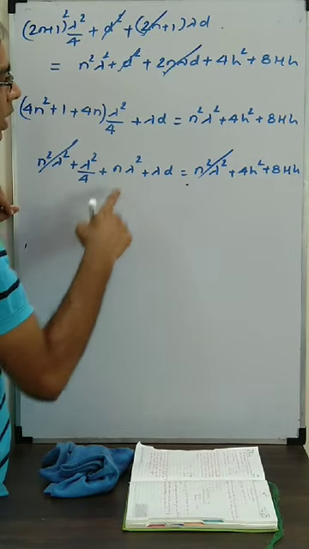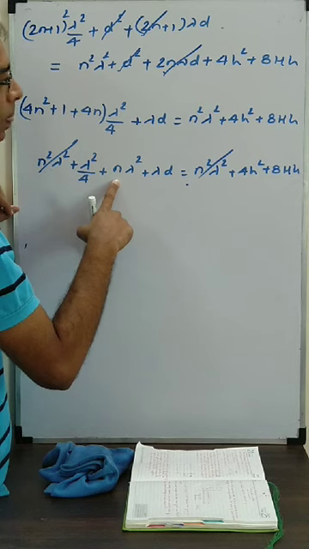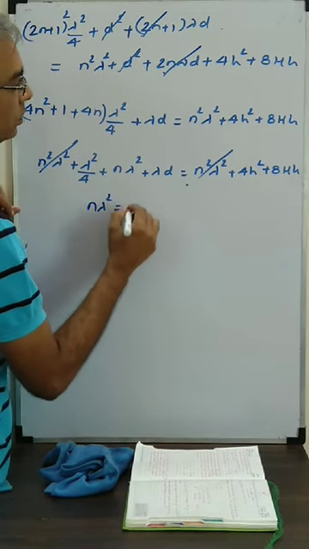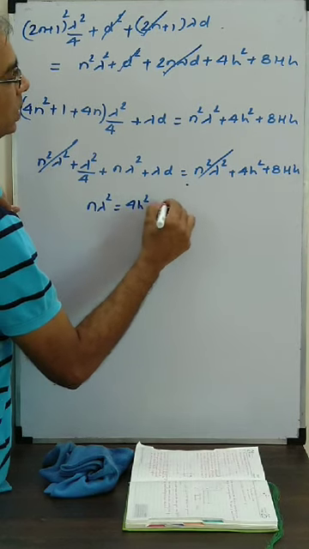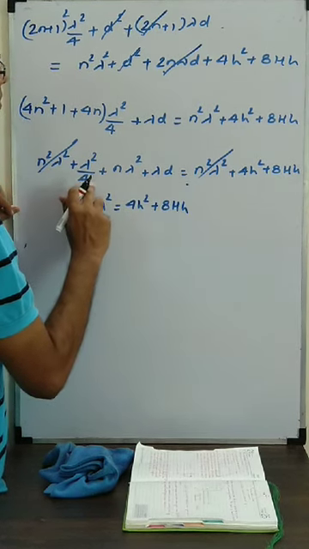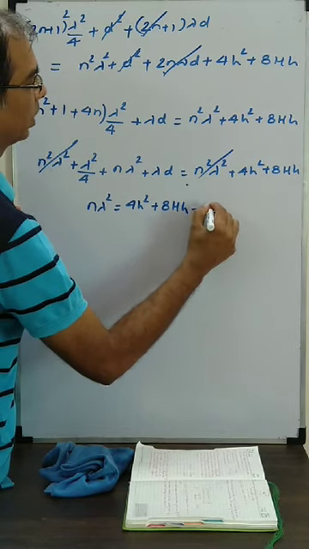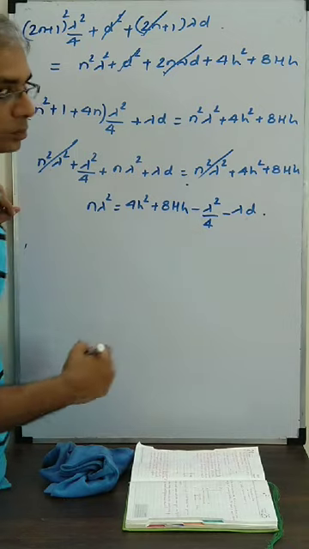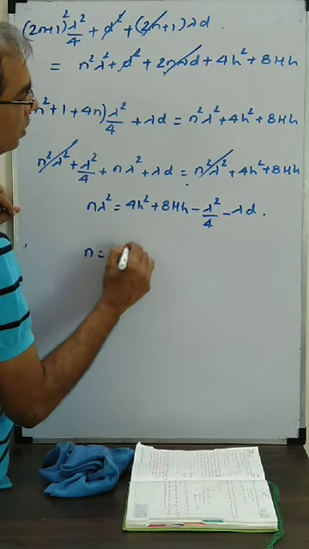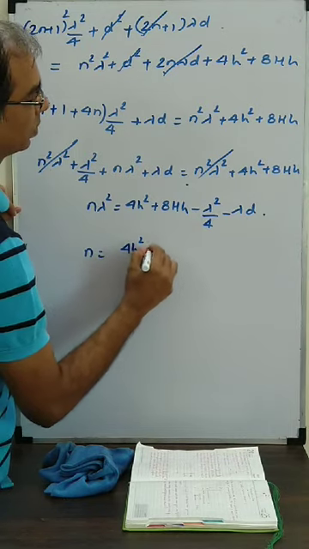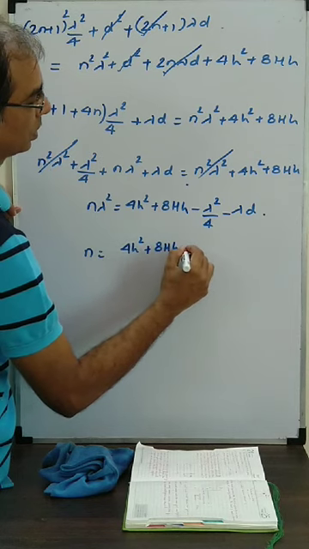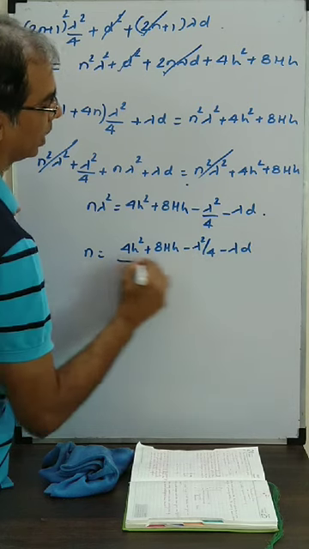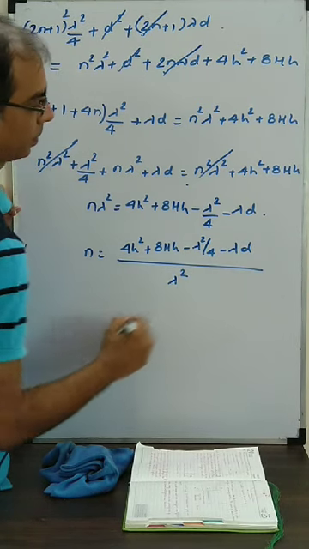What we want here is the n value. So remaining all the things we take to that side. That's n lambda square equal to 4h square plus 8h into h minus lambda square by 4 minus lambda d. So n equals (4h square plus 8h into h minus lambda square by 4 minus lambda d) by lambda square.